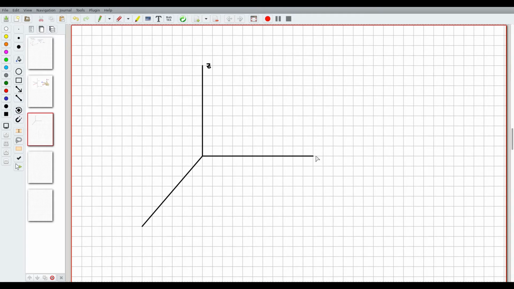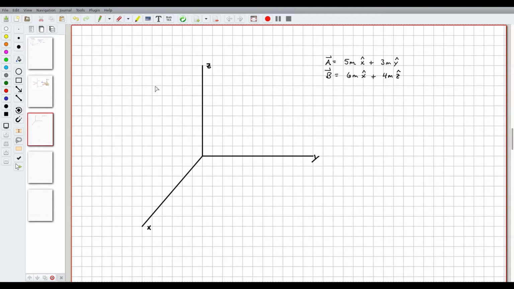This is the z direction, this is the y direction, and this is the x direction. Now consider, like I said before, two vectors. Vector A, which points 5 meters in the x direction and 3 meters in the y direction. And vector B, which points 6 meters in the x direction and 4 meters in the z direction.